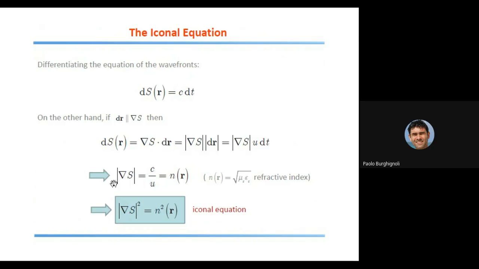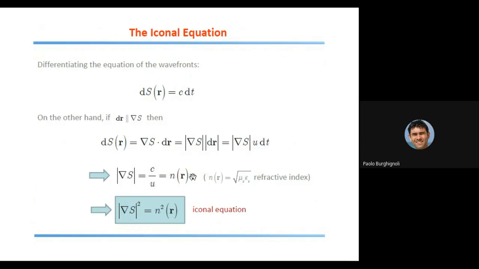you find that the absolute value of the gradient of the iconal is equal to the ratio between the velocity of light in vacuum and the velocity of light u in the medium, which by definition is the refractive index of the medium, so the square root of the product of the relative constitutive parameters.